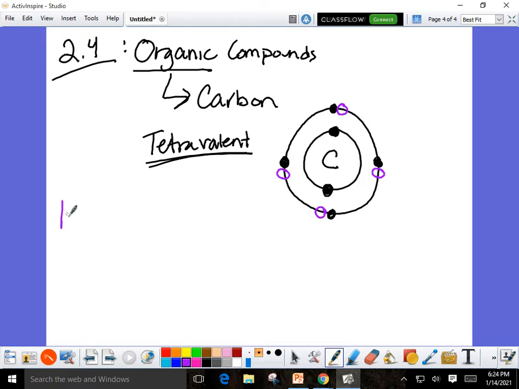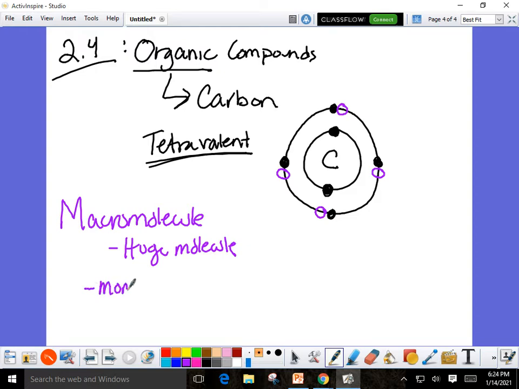All right, so let's define macromolecule. Macro is a prefix that means big, so a macromolecule is just a huge molecule. Macromolecules are made up of monomers, which is just a fancy word for single unit. Mono means one, mer means unit. When you put multiple monomers together, they make a polymer.